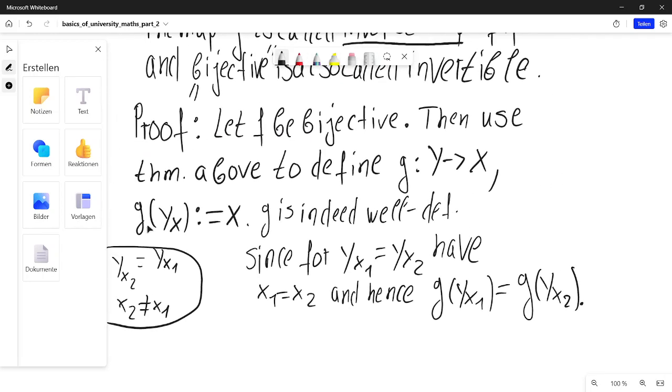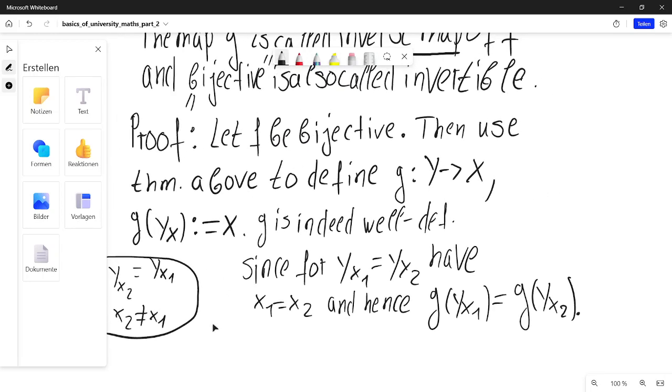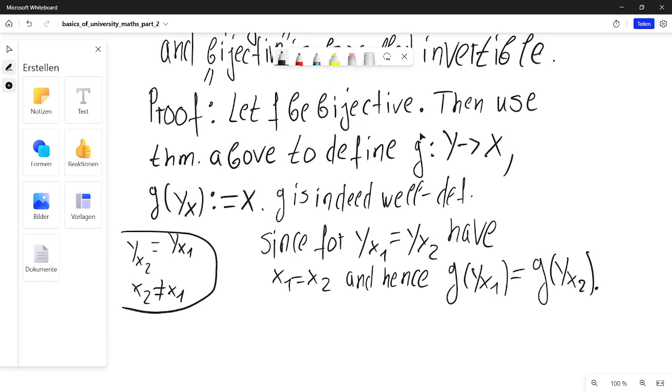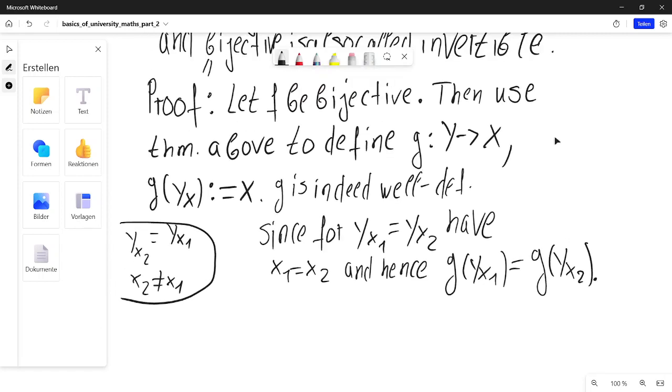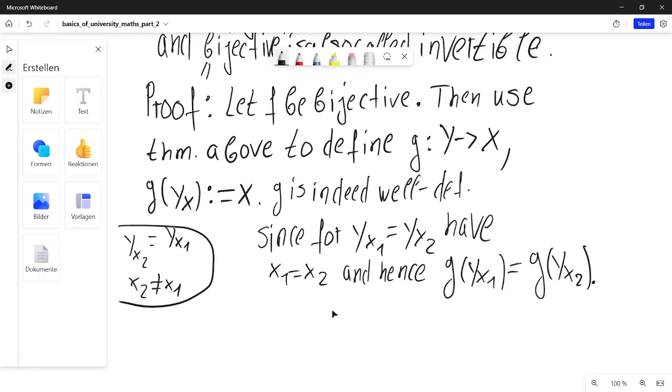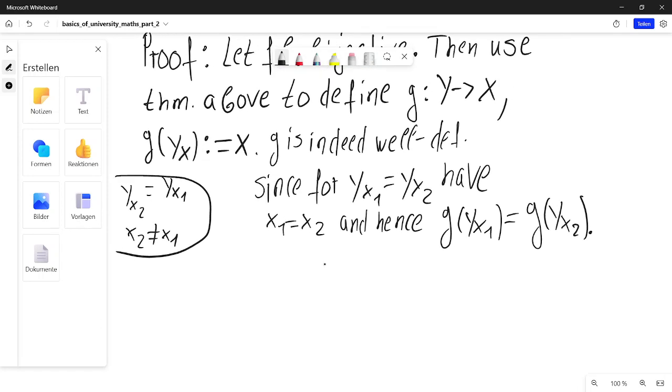That the G that we defined in such a way really gives that, and then we are done with the direction. If F is bijective, there is an inverse map, right? And that is well defined, right?